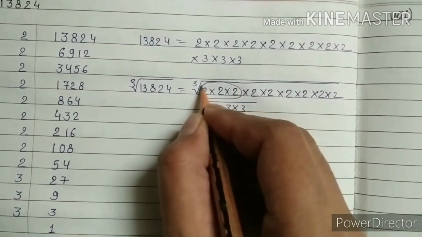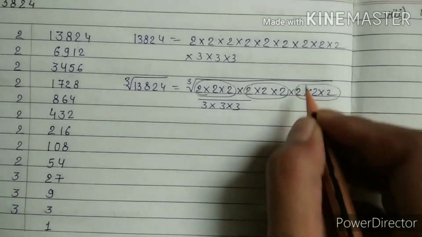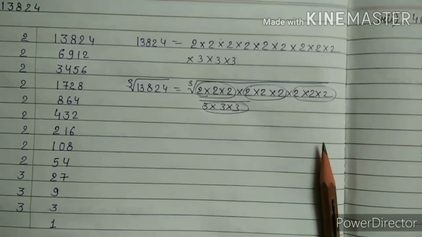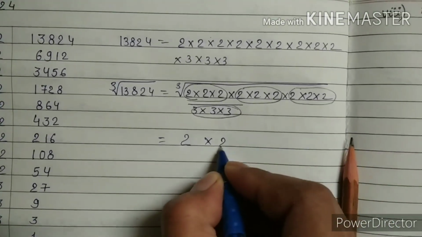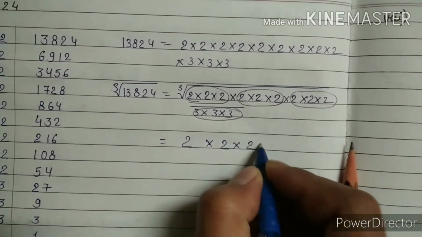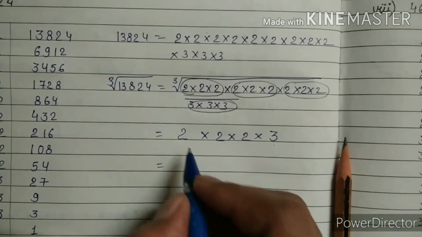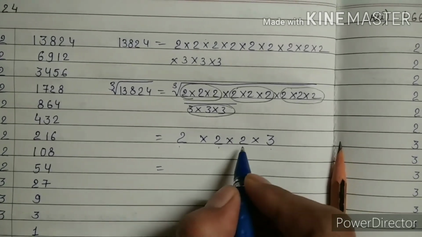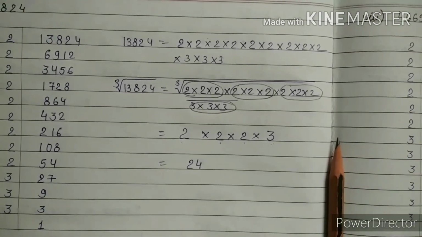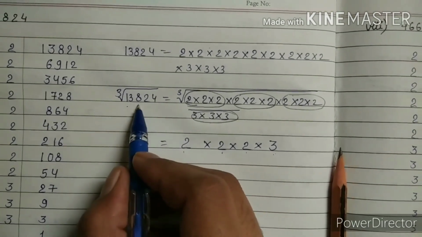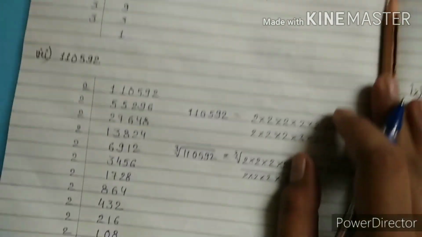This is the first group, second group, third group, and this is the last group. The first group will give 1 time 2, the second will give 1 time 2, the third will give 1 time 2, and lastly the fourth will give 1 time 3. So 2 2s are 4, 4 2s are 8, and 8 3s are 24. So the cube root of 13,824 is 24.